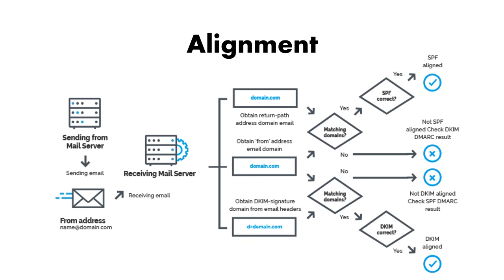It's also going to obtain that from address, compare those two addresses and say if it's matching. If they are, and the DKIM is also passed and correct, it's going to be DKIM aligned. And then obviously, if they do not match, the DMARC alignment is going to fail, because either the SPF is not aligned or the DKIM is not aligned, and one of those two is going to cause an alignment failure, and the DMARC is going to fail.